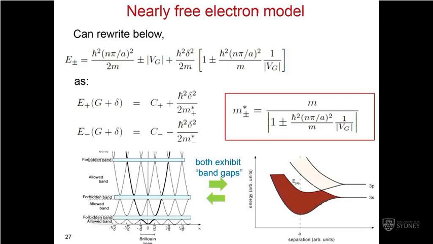And there's also one here, and so on. So this now has contributions from the other G vectors in the reciprocal space. But as I said before, normally we just focus on the first Brillouin zone.